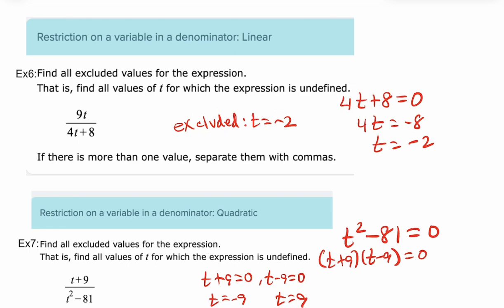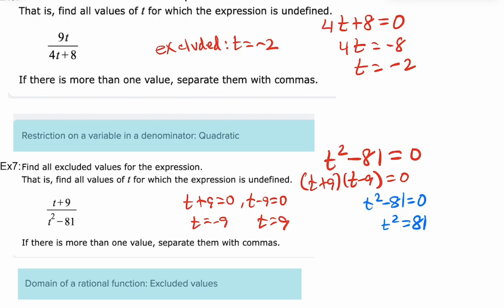You can do that. Now, another way to do it is if we look back at this one, since there's only a t squared and no other t's in our problem, we could get t squared alone. What's going to get rid of that square? The square root. What do you have to put in front of it?